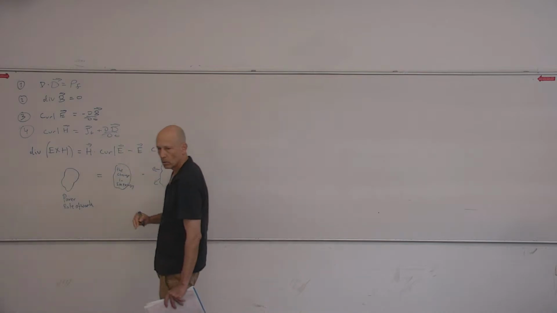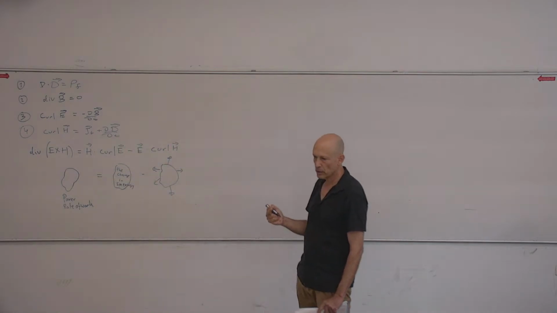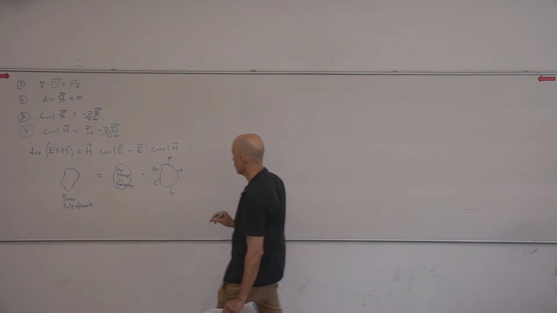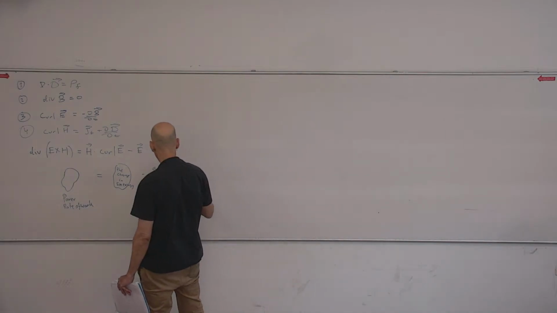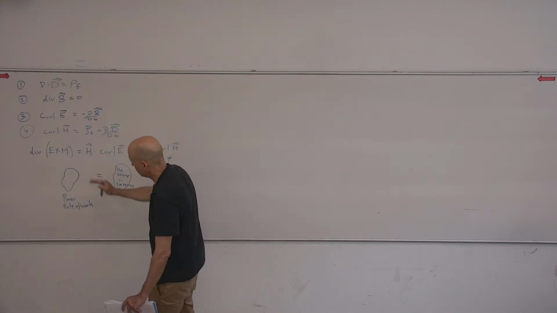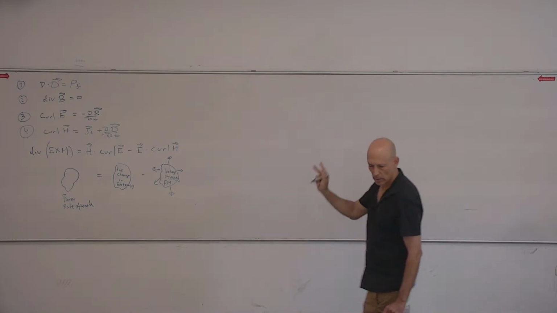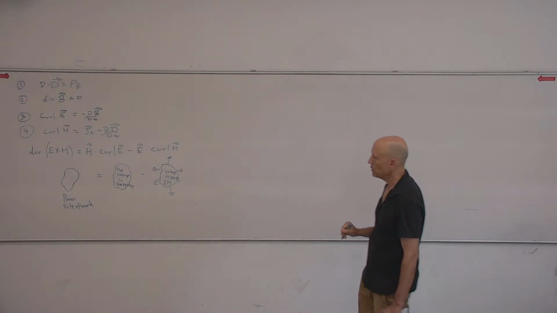Leakage of what? Of energy out. What energy? The electromagnetic energy. So here I have leakage of energy, let's call it electromagnetic energy. And this is what I call energy conservation in this system, at least.